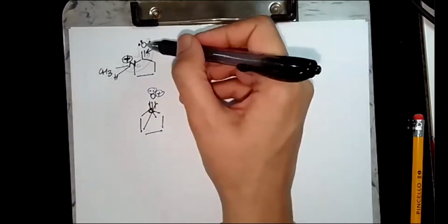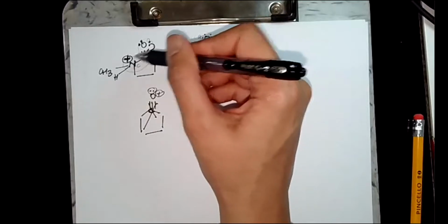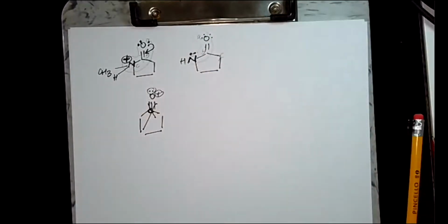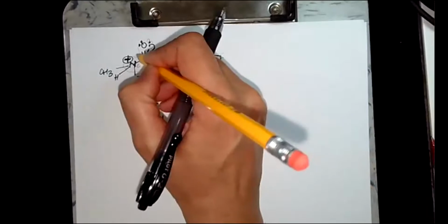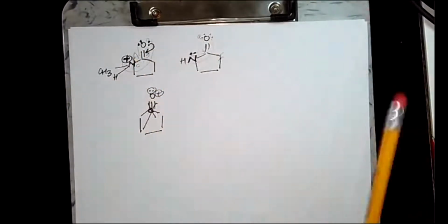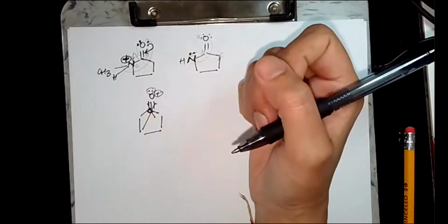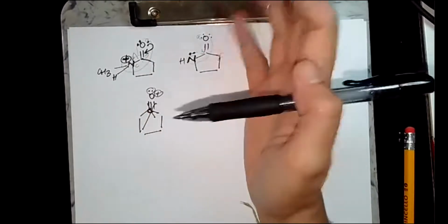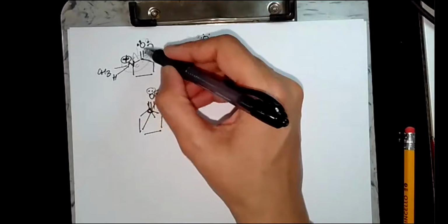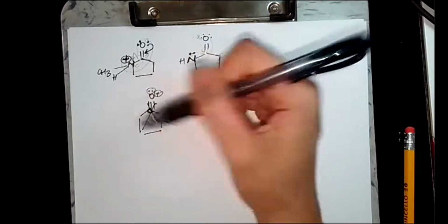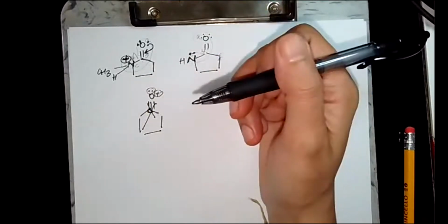However, the moving electrons can jump to this nitrogen. And so this carbon will still have its 4 bonds because it's going to break one of the pi bonds and make a new bond right here. It can do that.